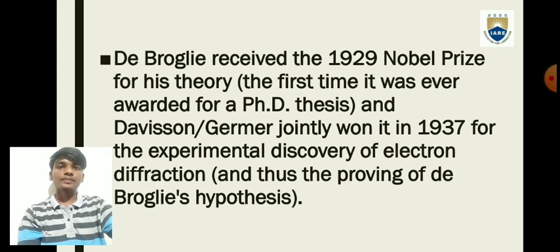De Broglie received the 1929 Nobel Prize for his theory, the first time it was ever awarded for a PhD thesis, and Davisson and Germer jointly won it in 1937 for the experimental discovery of electron diffraction, and thus the proving of the de Broglie hypothesis.